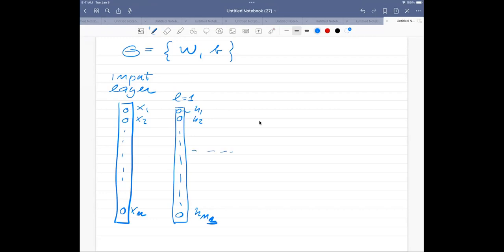And this continues now to all the types of layers which we have. So we could have a layer L minus 1 here, and we have the different nodes down here.